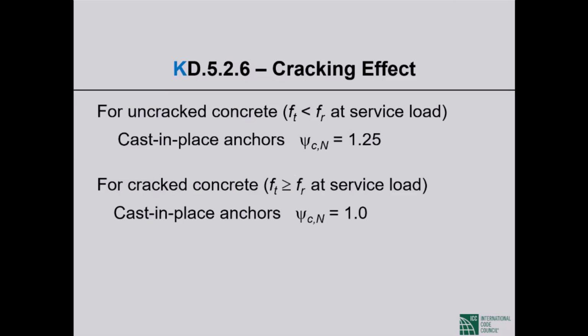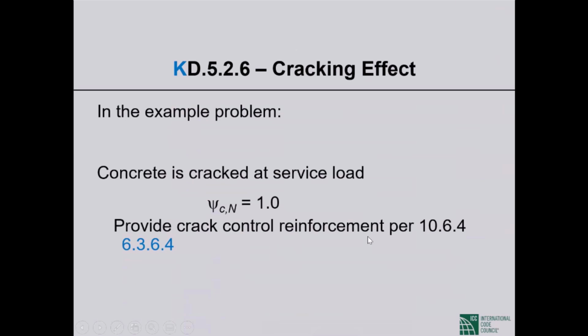Cracking effect: for uncracked concrete, which means the tensile strength under service load is less than the modulus of rupture, we get a correction factor of 1.25. If we have cracked concrete, the tensile stress under service loads is larger than or equal to the modulus of rupture, then the correction factor is equal to 1.0.